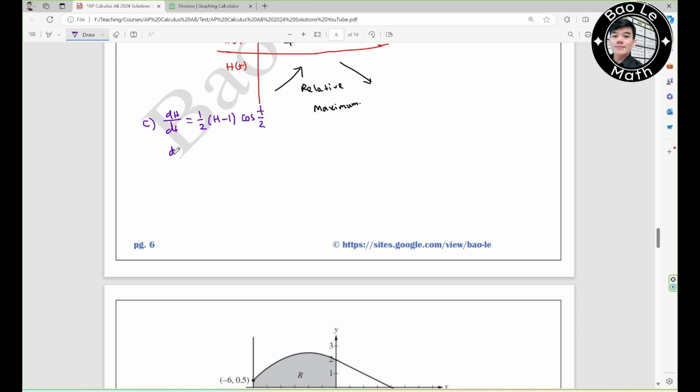Alright, so we have dh over h minus 1 equals 1/2 cosine t over 2 dt.